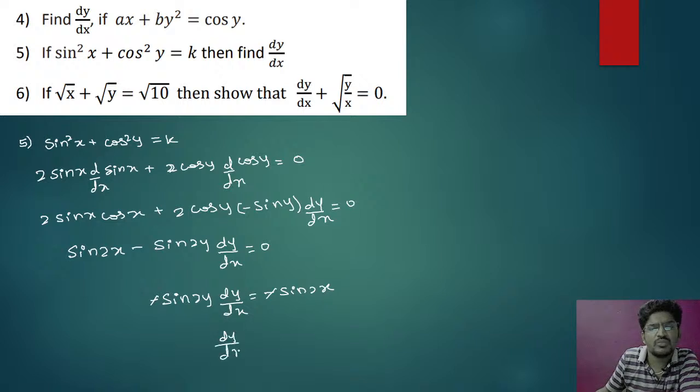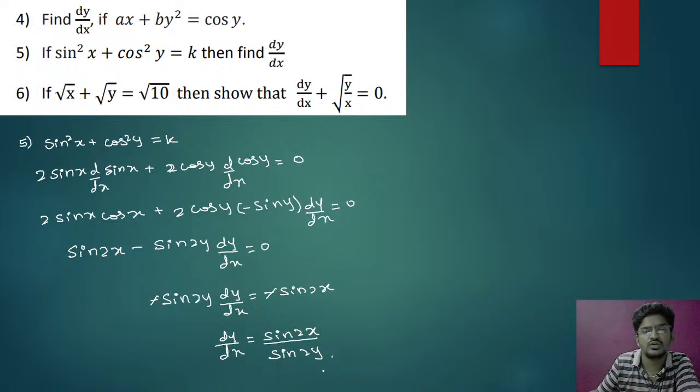Therefore dy by dx will be equal to sin 2x divided by sin 2y. This will be our answer for the fifth problem, that is dy by dx equal to sin 2x divided by sin 2y.